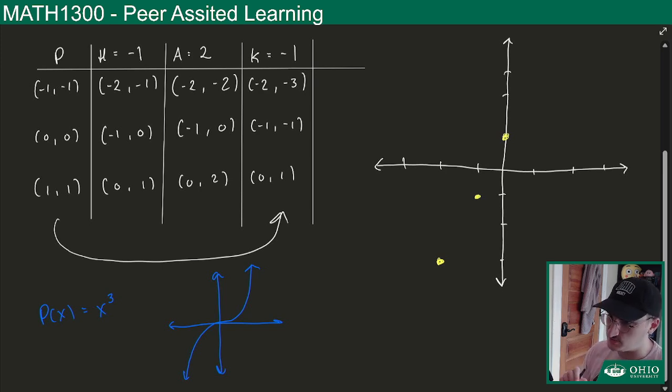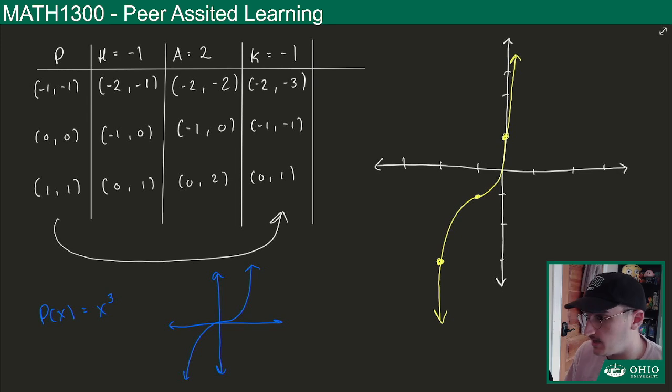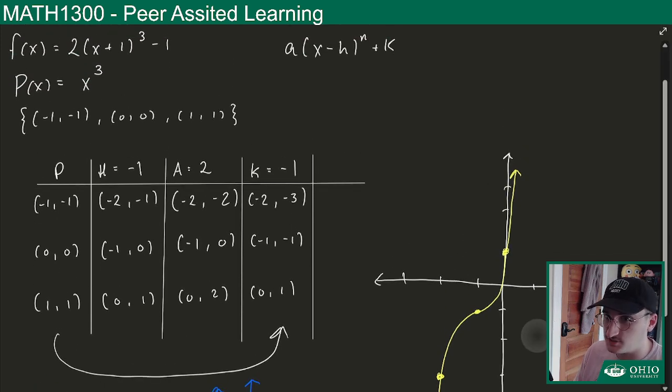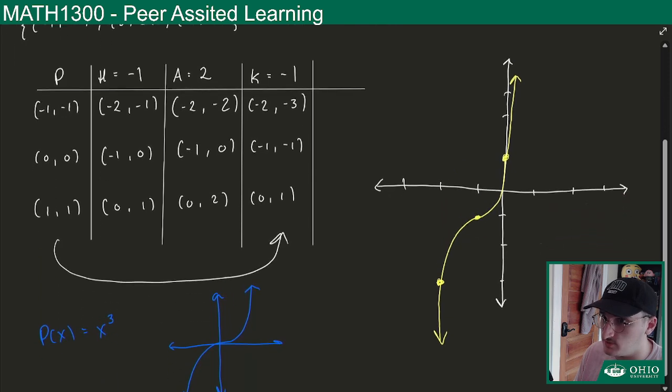We're actually tracing through x to the power of 3, and we can draw that shape like so. And that's basically it. That is how you would take a function with transformations, identify the parent function, and turn that into a graph.